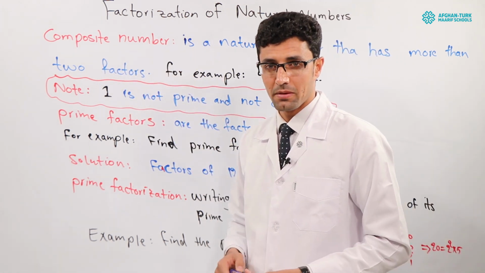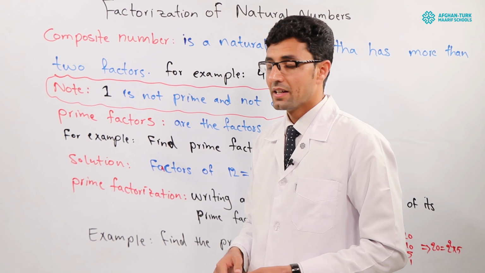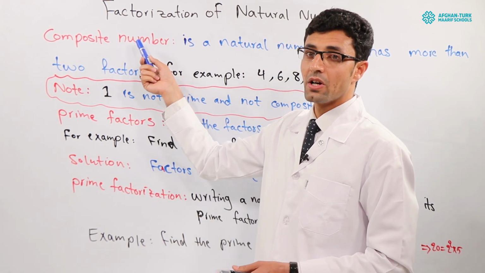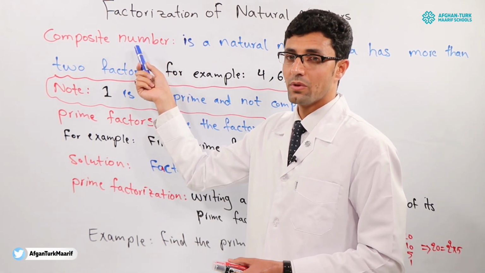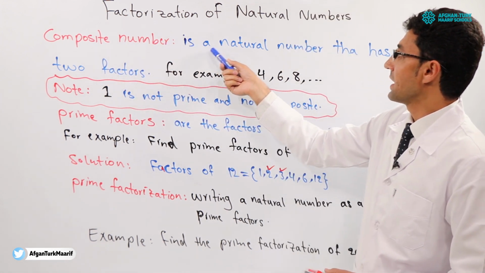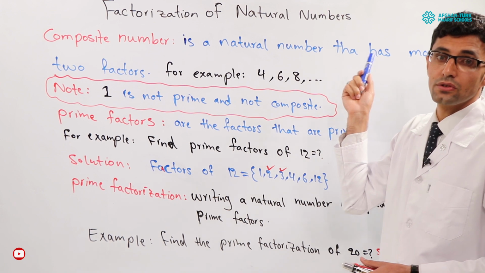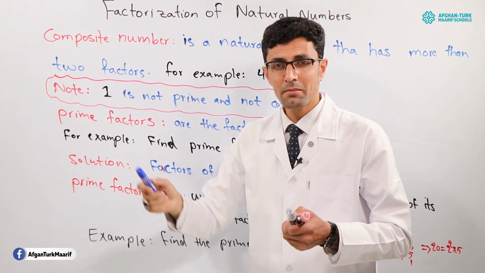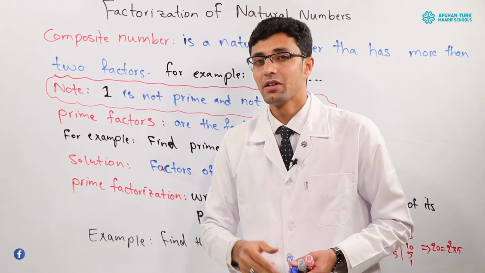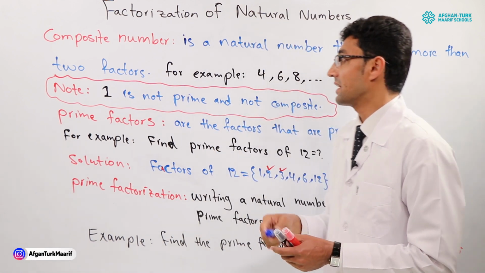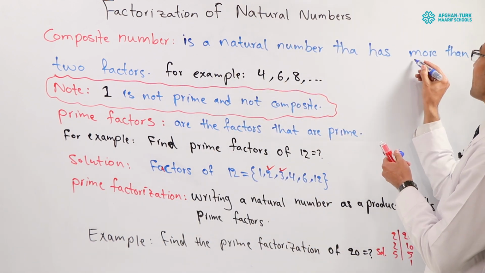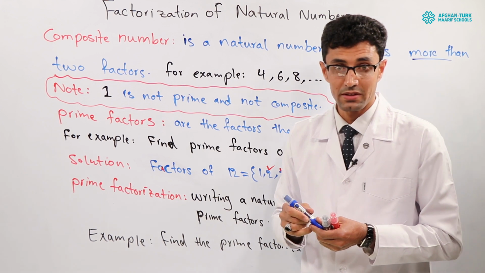You studied prime numbers and you remember that. Now, what is the difference between a prime number and a composite number? A composite number is a natural number that has more than 2 factors. In a prime number, how many factors do we have? 2 factors. But in a composite number, we have more than 2 factors.